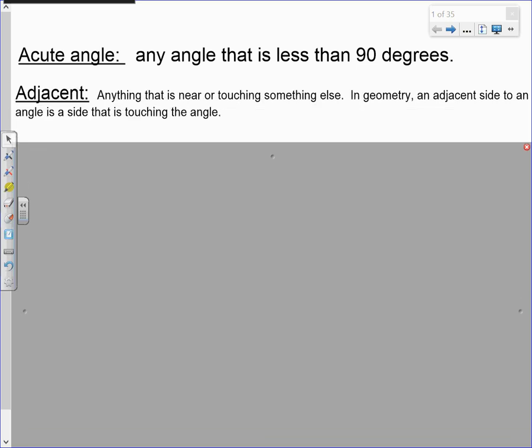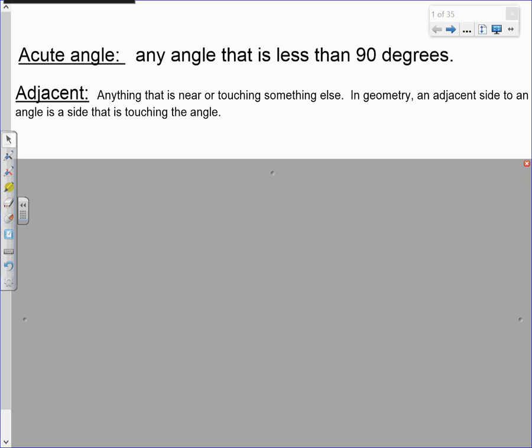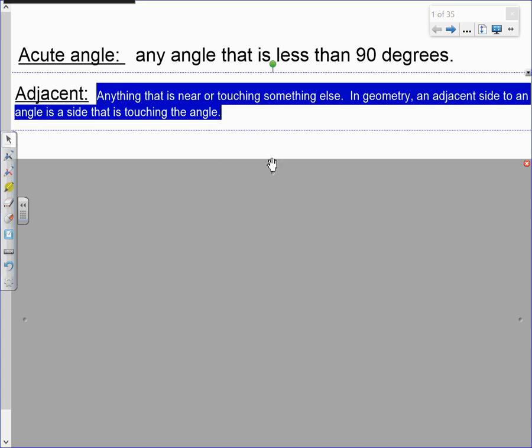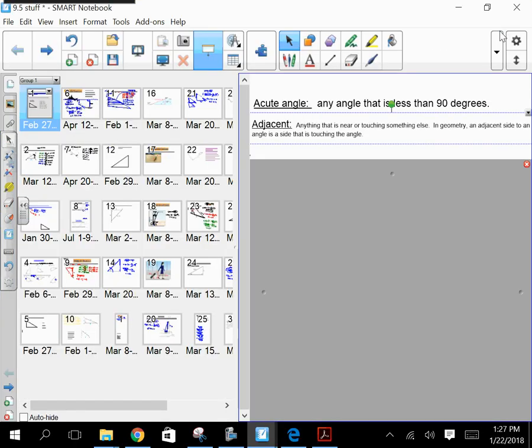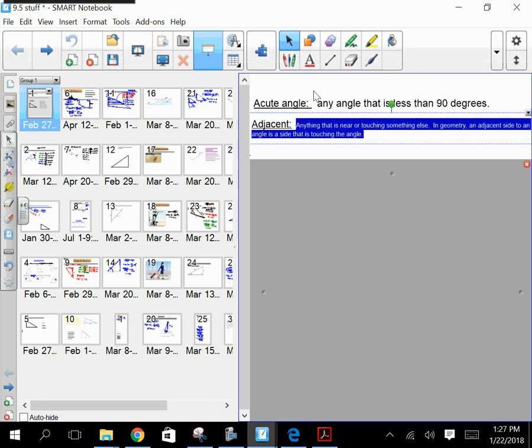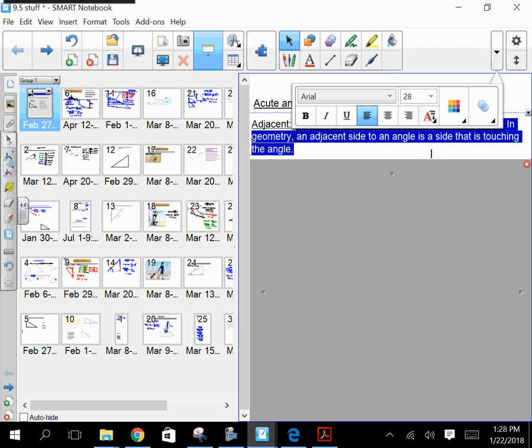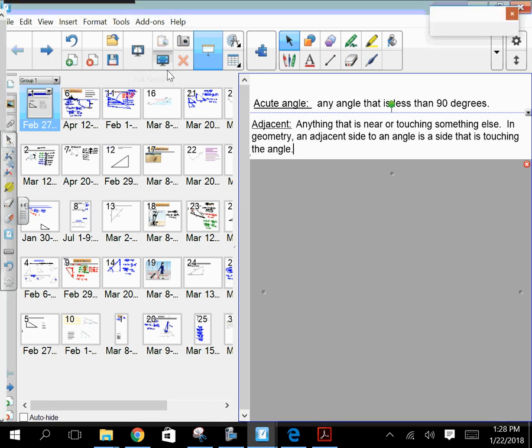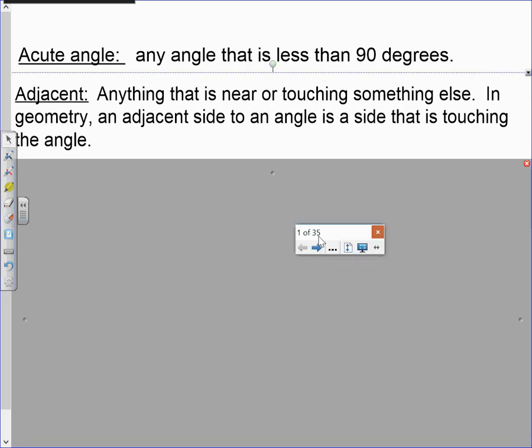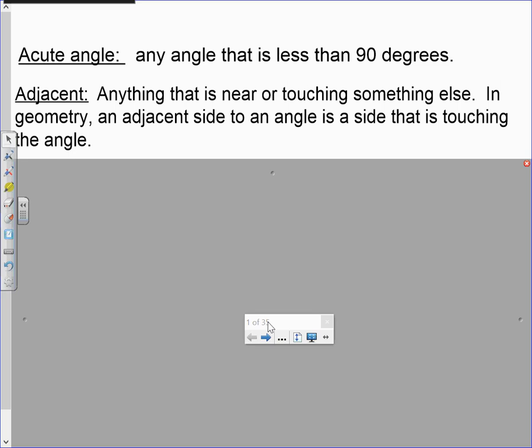Second word: adjacent. Let me make this a little bigger here. Adjacent.